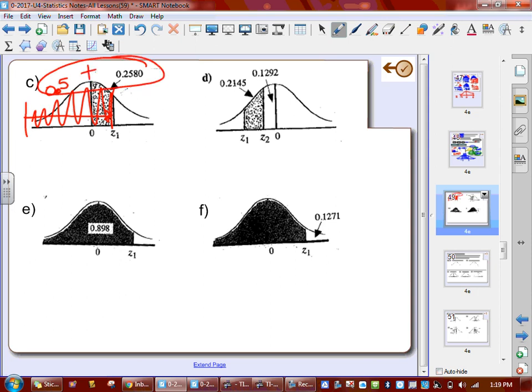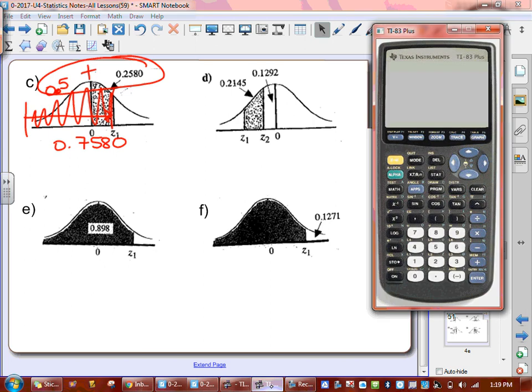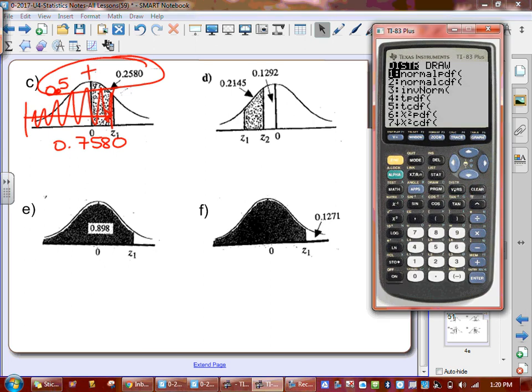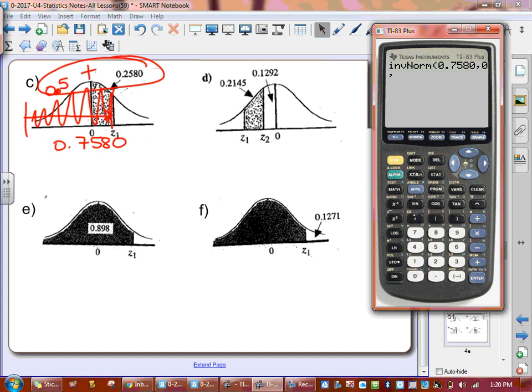So, again, in our calculator, second bars, number 3. And now I put in 0.7580, comma 0, comma 1. Where did I get the 7580? From 0.5 adding to the shaded area C. Okay? Good question.